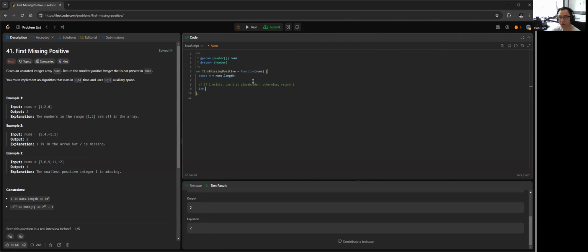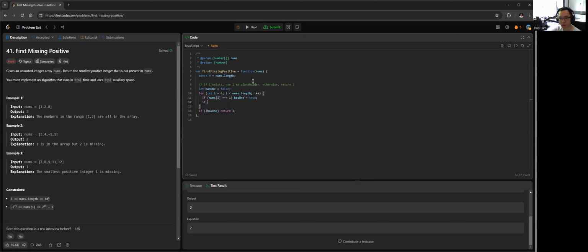So we can set a flag here, has one, equal to false, right? And then we can check if one doesn't exist, we can return one, right? Okay. So if number i is equal to one, then we need to set has one to be true. If one exists, then we are set, right? We can use it as a placeholder. If one doesn't exist, we can return one at the end here.